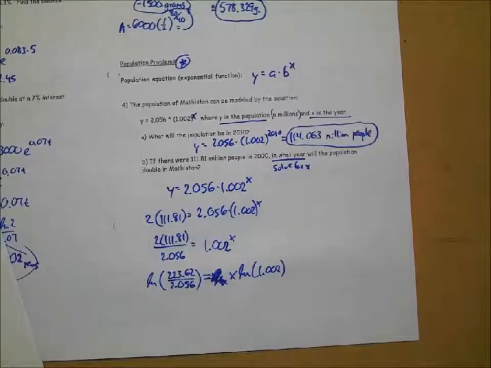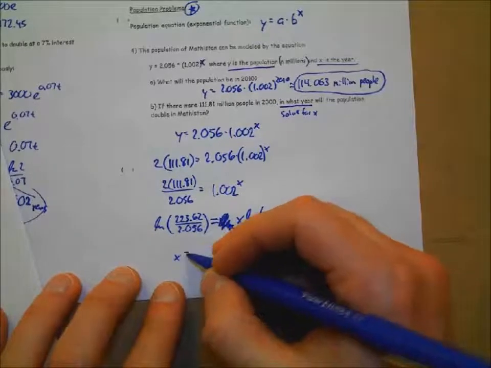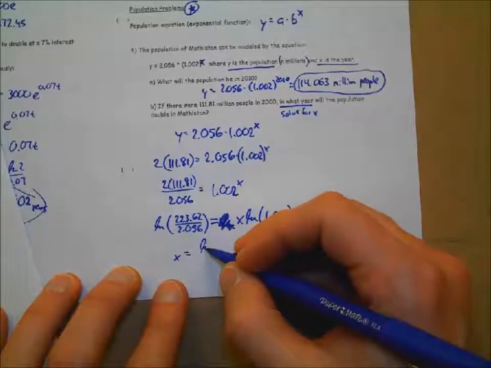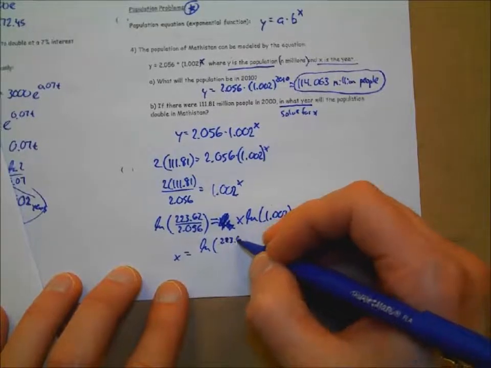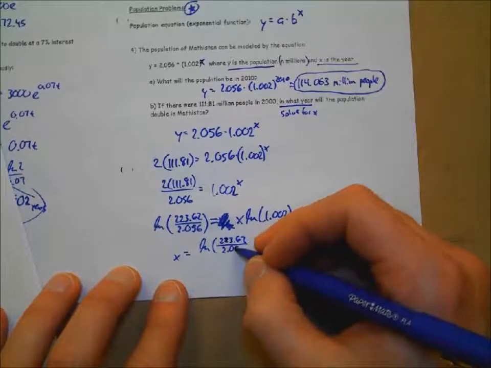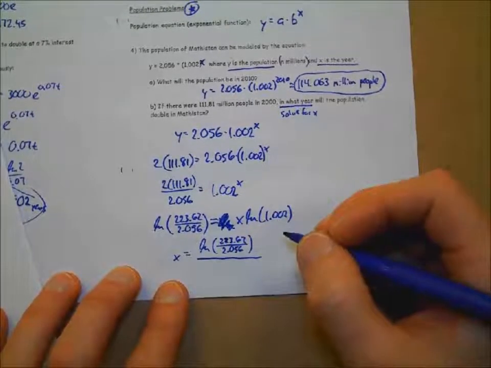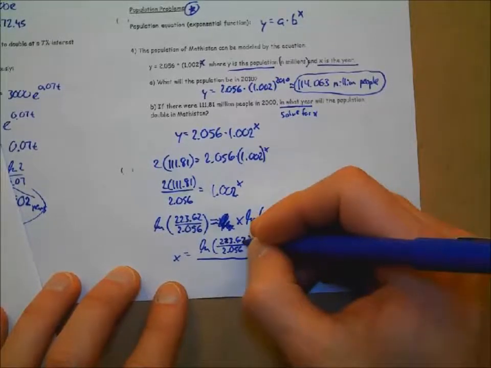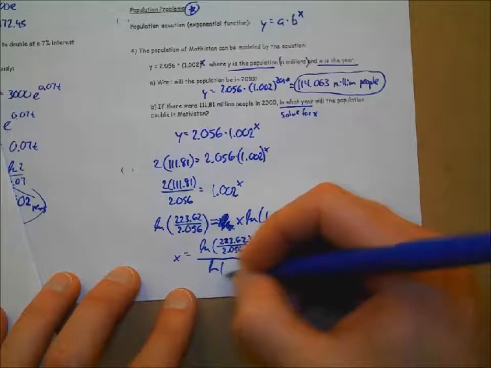Okay, and so we'll divide over that natural log, and we get x is exactly the natural log of 223.62 over 2.056, and then that quantity divided by the natural log of 1.002.